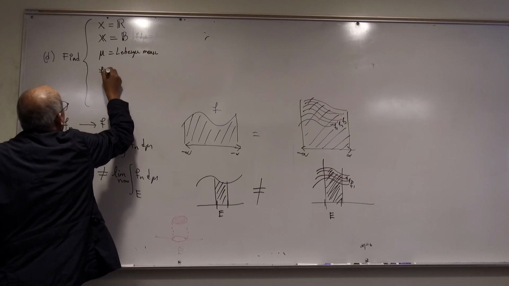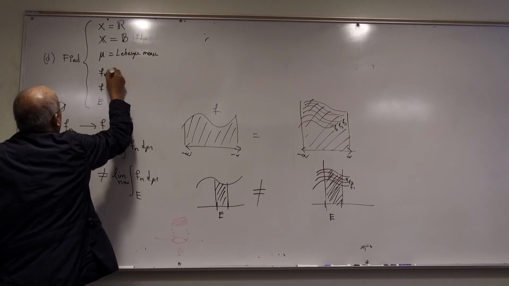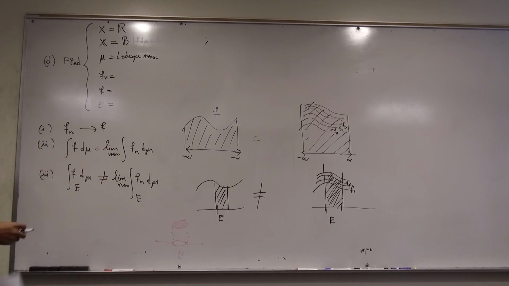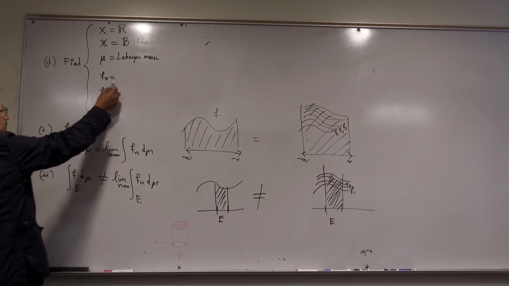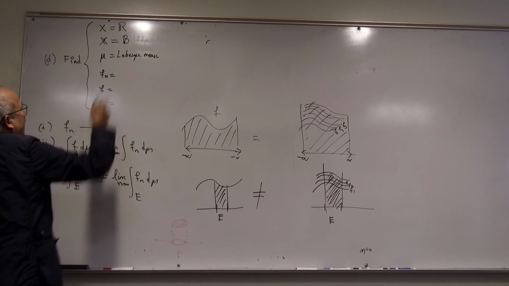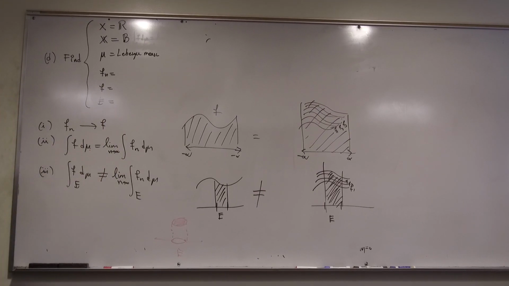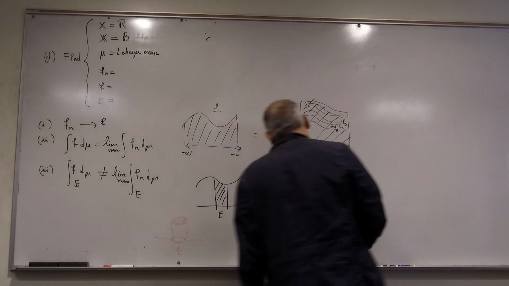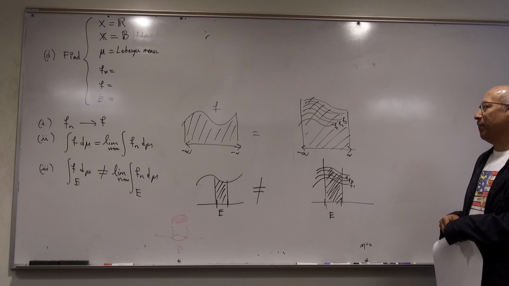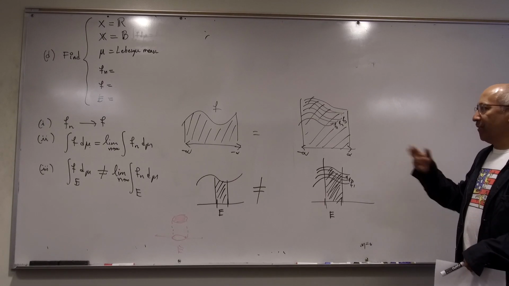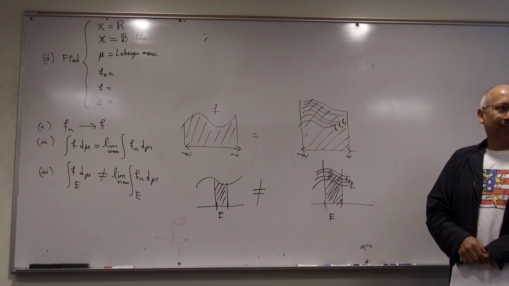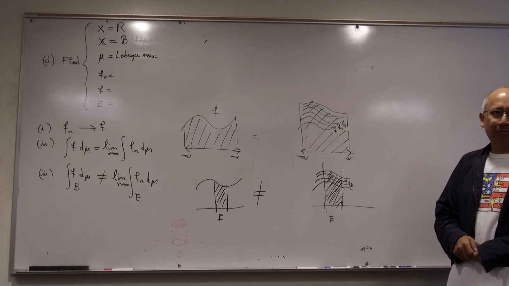So you just need Fn, F, and E. If I give you this, probably you can get these two easily, but I think this is the hardest one. So we need functions such that, and here we have lots of possibilities. We can think about it, make mistakes and change it until we get it, or I can just give you the final answer.